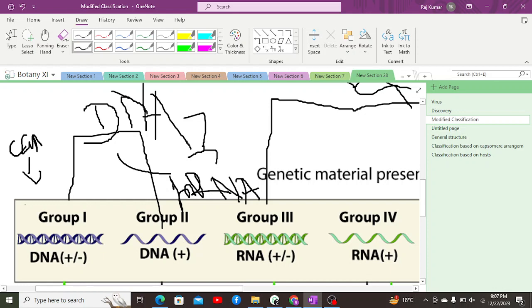Another example of double-stranded DNA virus includes smallpox virus. We can consider it. Smallpox virus is a double-stranded DNA virus.